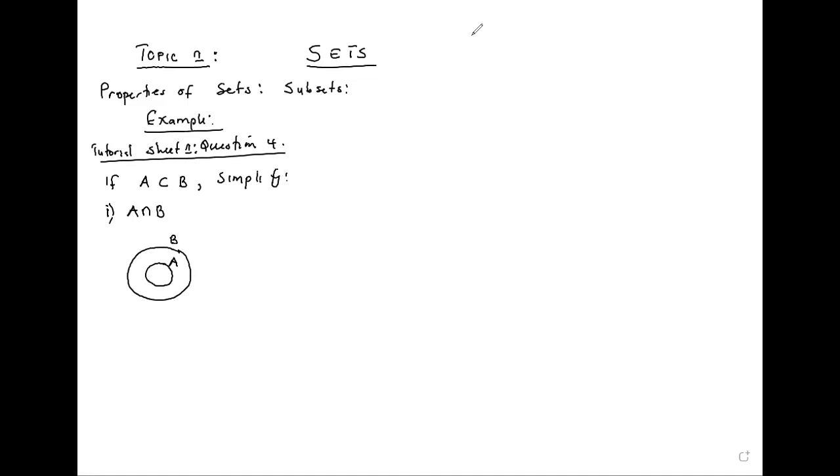If you go to A and shade the whole A, you are sure that you have shaded the part of B that intersects with A, because whatever is in A is sitting in B, since it's a subset of B. So the intersection of A and B is going to be A.